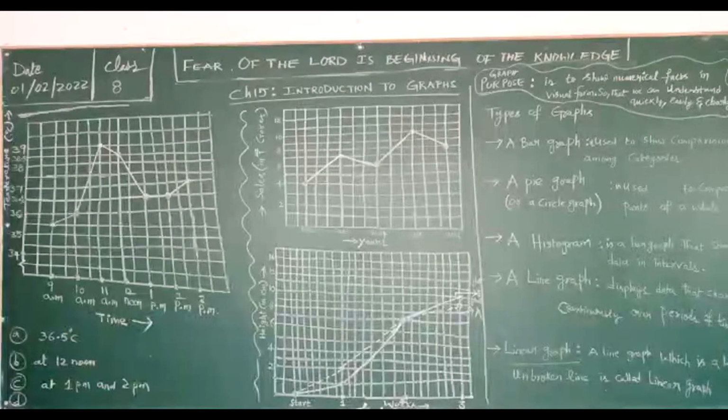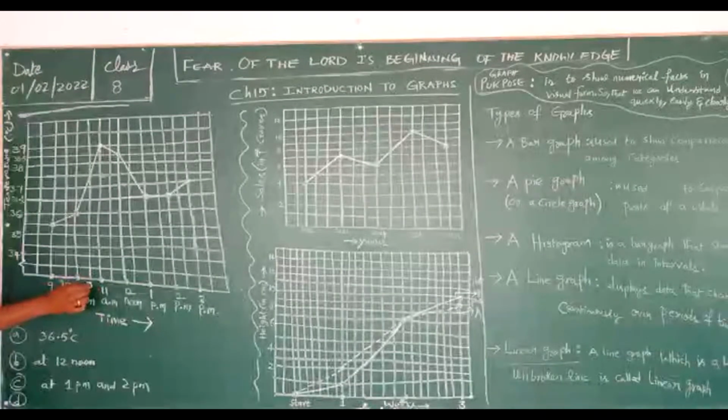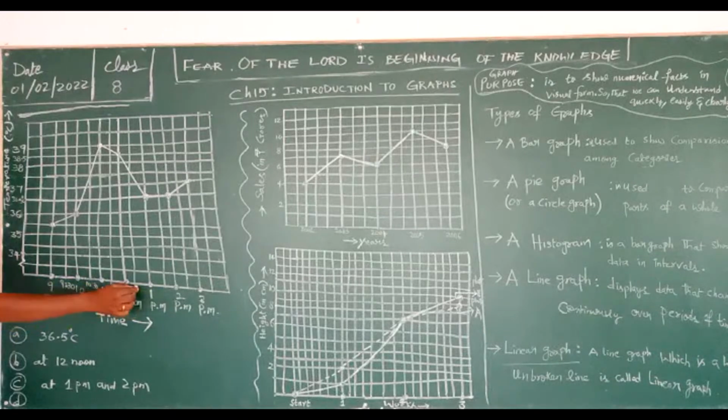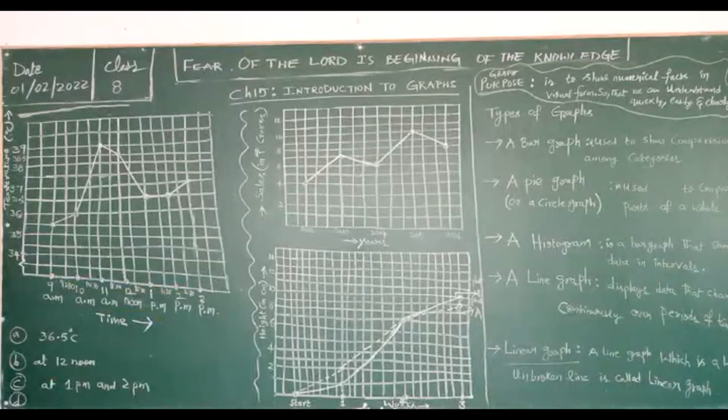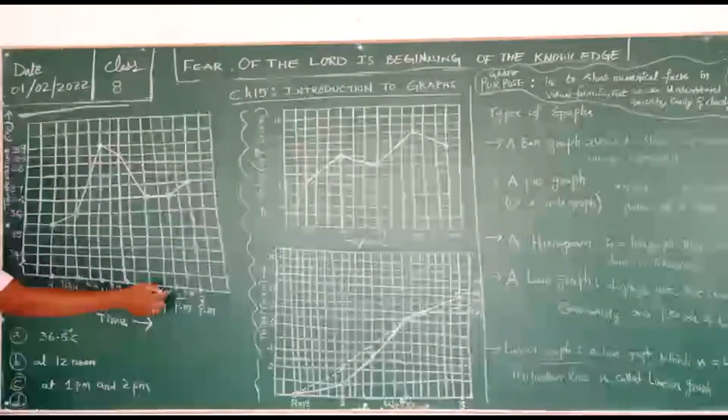At 1:30 p.m., you know that the middle line between 9 and 10 indicates 9:30, between 10 and 11 indicates 10:30, between 11 and 12 indicates 11:30, between 12 and 1 indicates 12:30, between 1 and 2 indicates 1:30, and between 2 and 3 indicates 2:30. Correct?